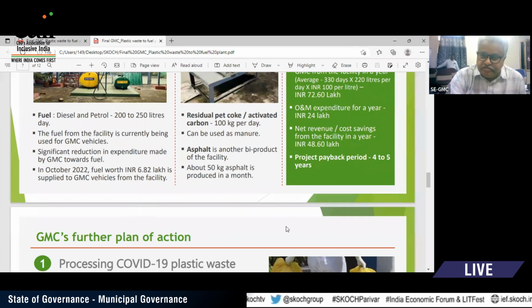We are getting an annual revenue of 72.6 lakhs, sir, whereas the expenditure we incur on this plant is 24 lakhs per annum, at 2 lakhs per month, sir. There is a net revenue of 48.6 lakhs. The project payback period is 4 to 5 years, sir.